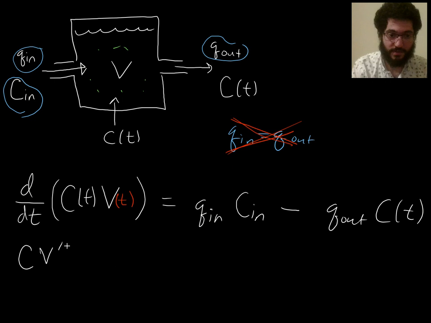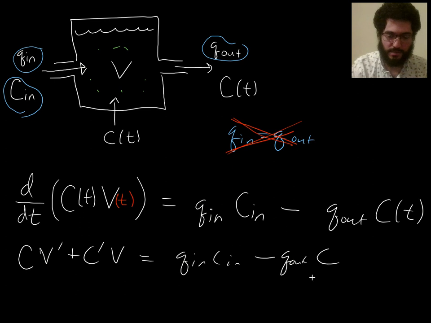We get c v prime plus c prime v equals q in c in minus q out c. And if I want to write that as c prime equals something, let me leave the v here and then divide it over after.